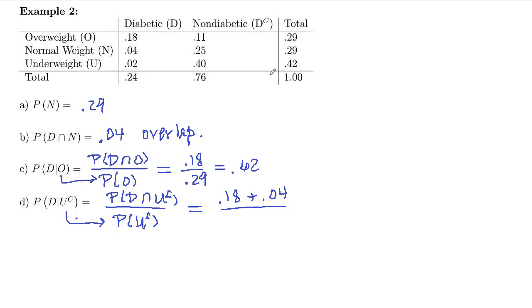So underweight would be 0.42 right there. So not underweight is going to be what's left here, which is 0.58. So 0.29 plus 0.29, or if you want 1 minus 0.42.